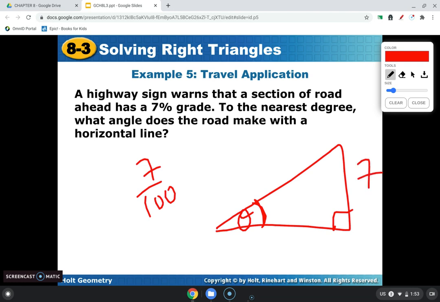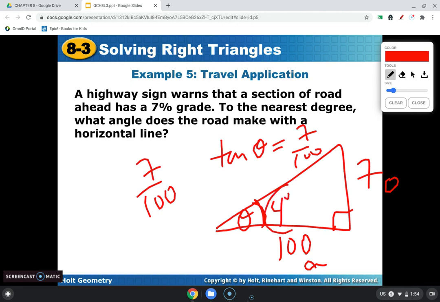Well, that's rise over run, so we can see that that's opposite and adjacent. So tan of theta equals 7 over 100. So on your calculator, you're just going to take the inverse tangent of 7 over 100. It gives you about 4 degrees. Anytime you're dealing with grade or slope problems, it's always going to be tangent because you are dealing with rise over run.